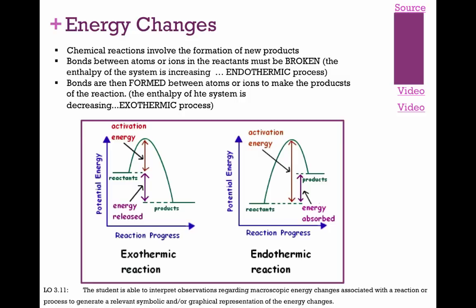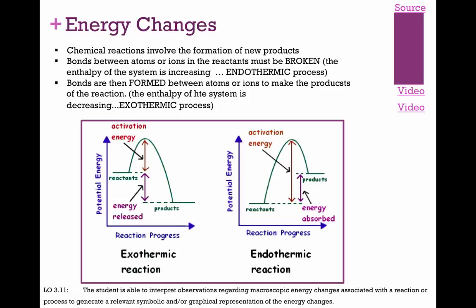Okay, so some energy changes. This is just looking at general exothermic and endothermic. When bonds are broken, think about a stick. If you want to break a stick in half, it takes energy. You have to put energy into the stick to break it. It's an endothermic reaction.